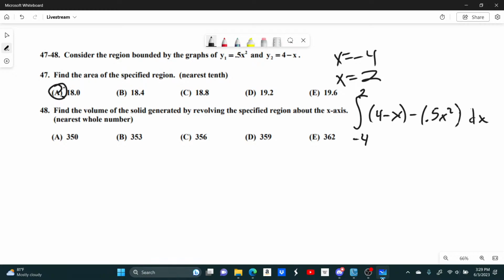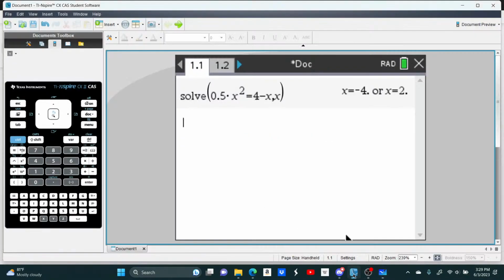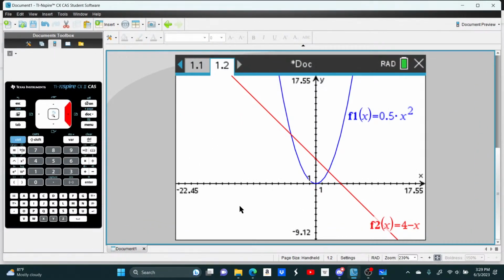Nice. All right, so 48: find the volume of the solid generated by revolving the specified region about the x-axis. For this we're going to use something that I like to call the washer method. The reason for that is, let's see if I can draw this graph.